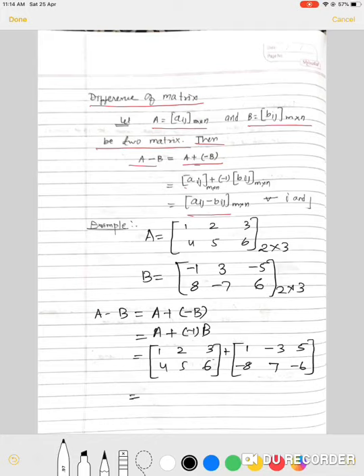Now add them. It is 2 minus 1 8 minus 4 12 0.